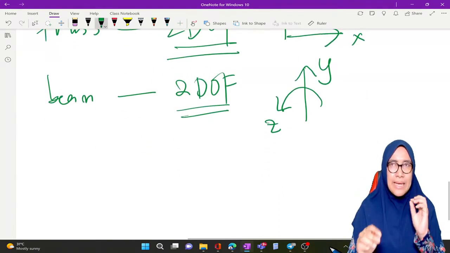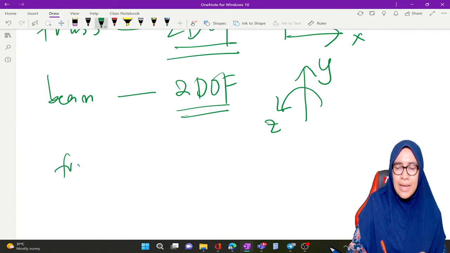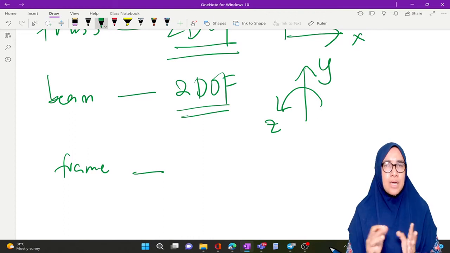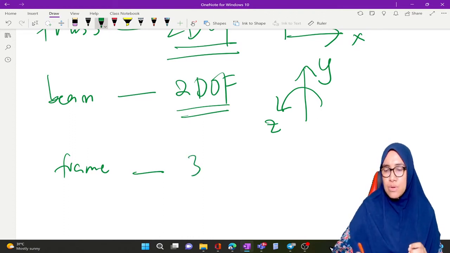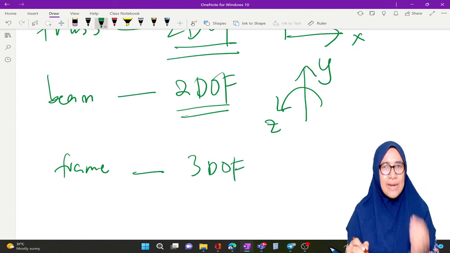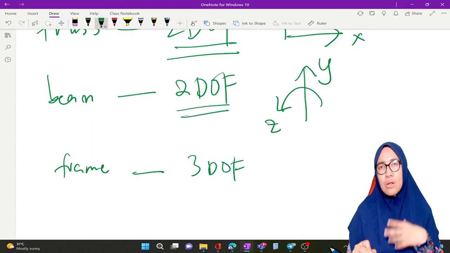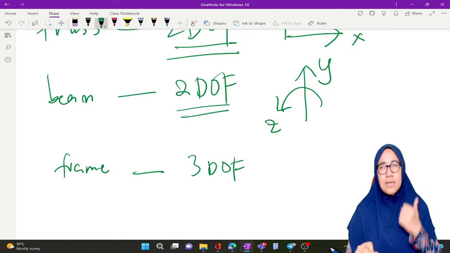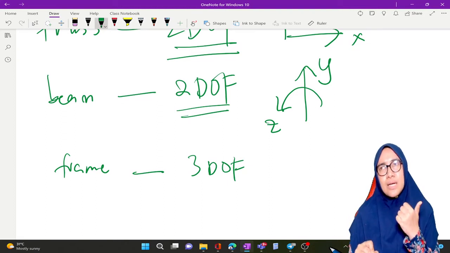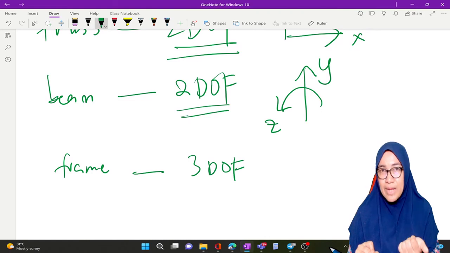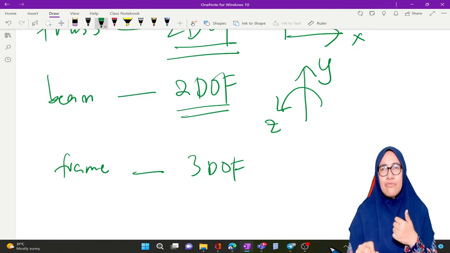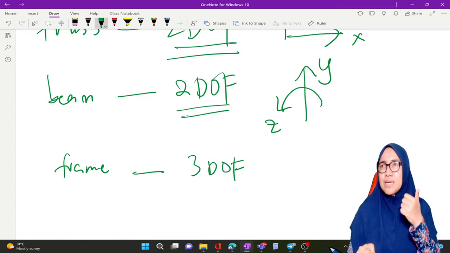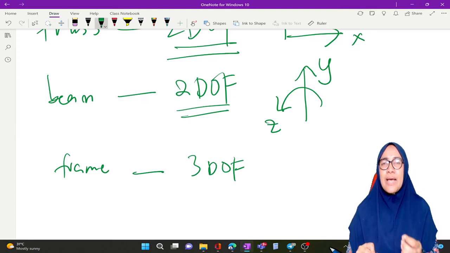And in frame, we have to consider all components, because in frame there is horizontal force, horizontal reaction. We can also have vertical displacement, vertical force in frame. We can have rotation.